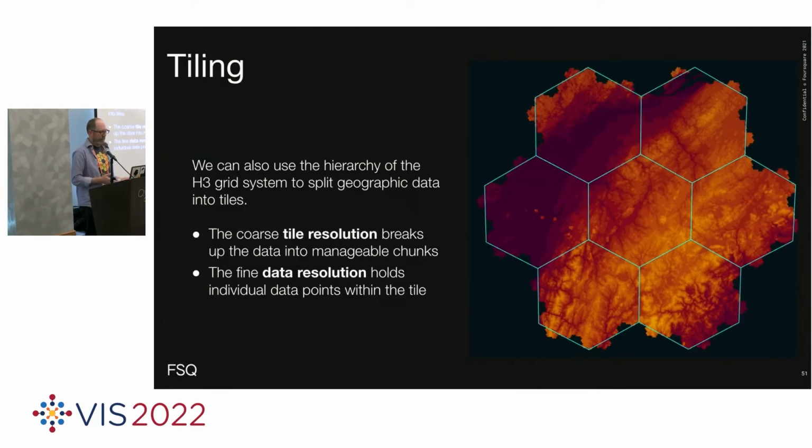One of the things it's really good for is tiling. So you can break up your data into these larger tiles. You've got a coarse tile resolution, which defines essentially the partitions of your data, and then the fine data resolution that defines your actual rows when you're thinking about this as a data table. So effectively, each tile is a data table that's been indexed to the data resolution.